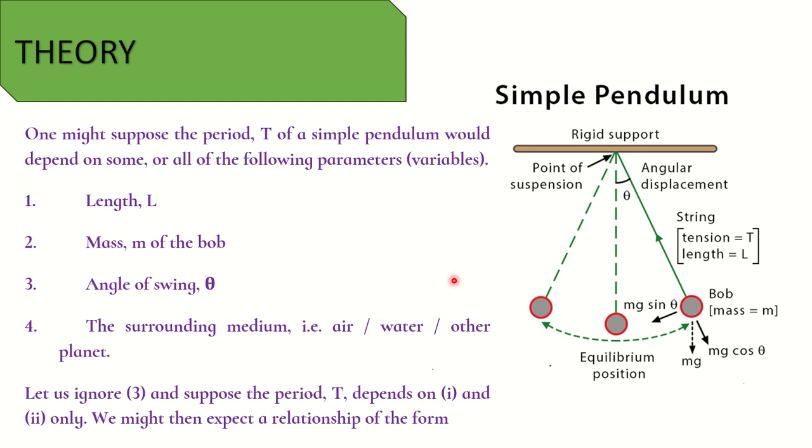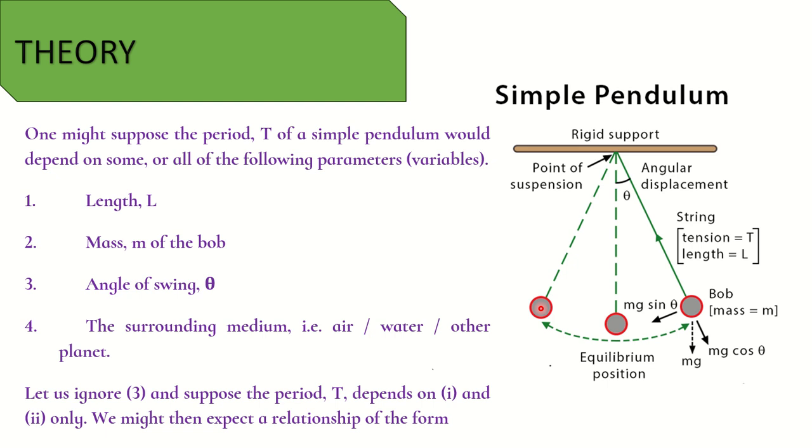That is usually denoted by capital letter T. It is simply the time taken for this pendulum bulb to move from here, coming to this other end, and then come back here. We define it that the period of oscillation is the time taken for the pendulum to complete one oscillation. That is, the time it takes to start its journey from a point and come back to that same point. That is referred to as period of oscillation.